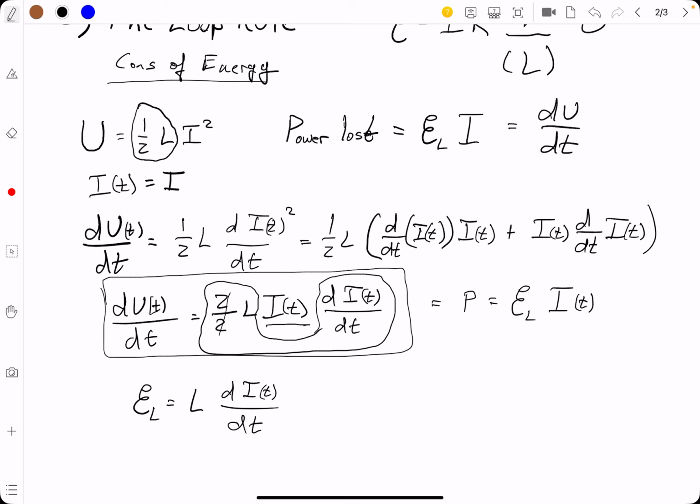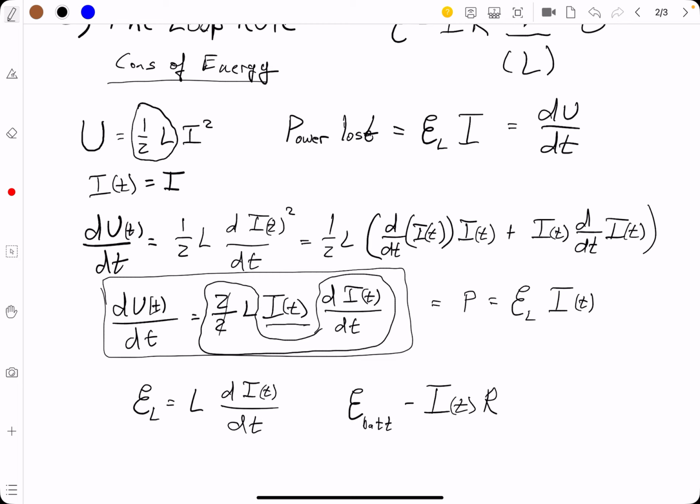And solving all of this, let's go back to our Kirchhoff equation. So we've got the E for the battery. We've got our minus our I of t times R. And we're going to lose a voltage drop across this thing.